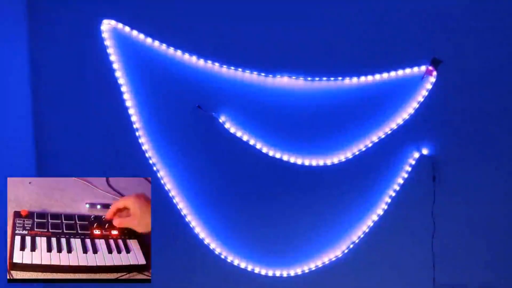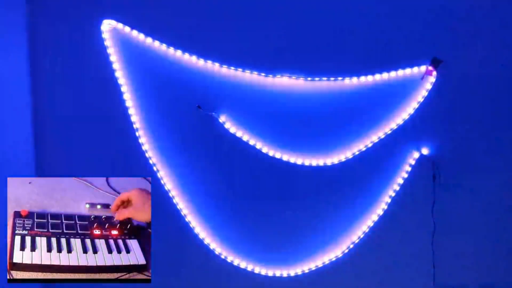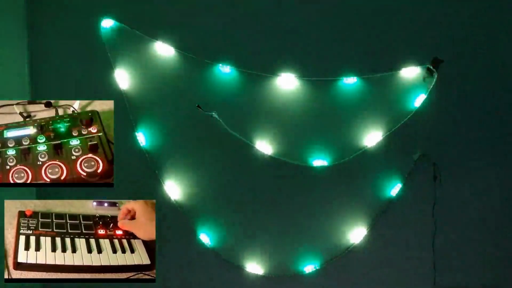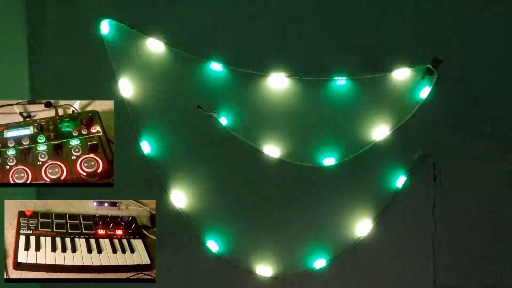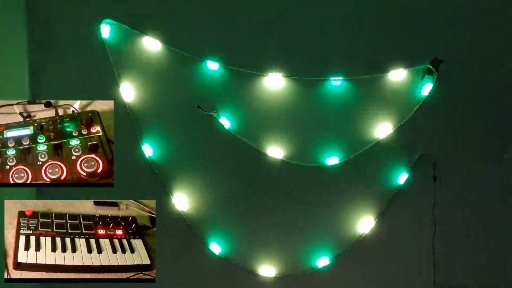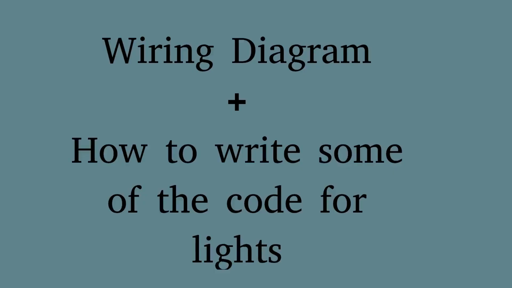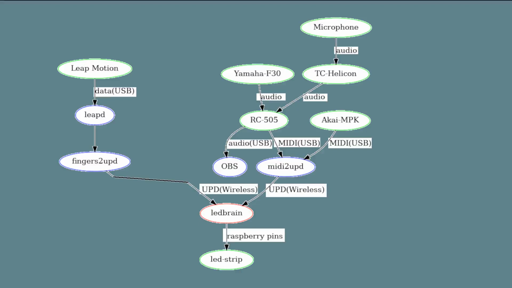In the second video we saw a demo, one by one, of all the different modes and how to change them, how to configure them, and how to interact with them live. So in this video we will see a diagram of all the wiring and also how to do some of the code. So first, this is the diagram.